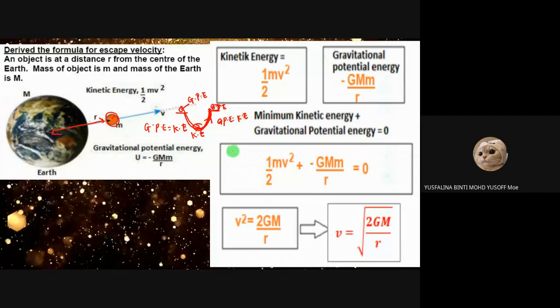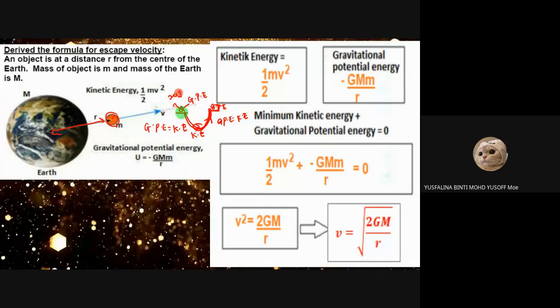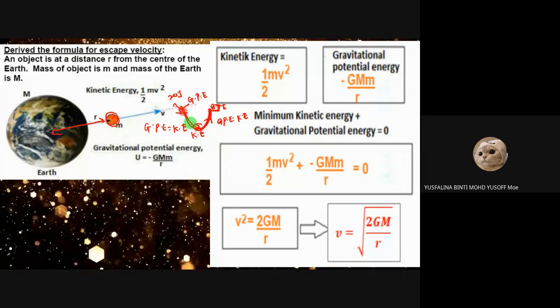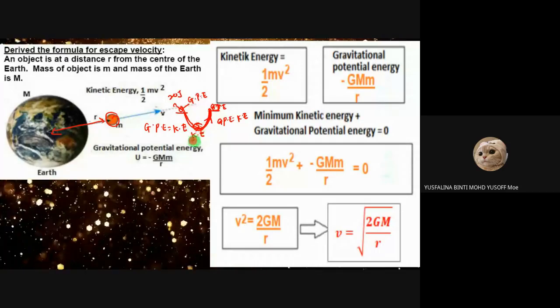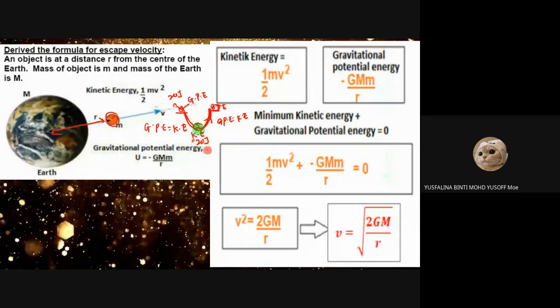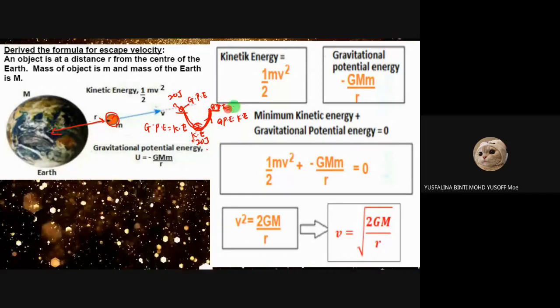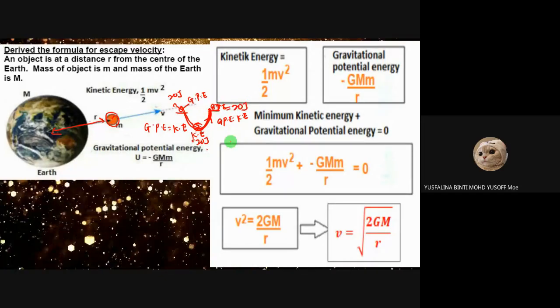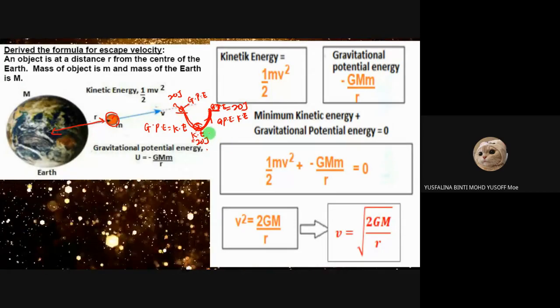Let's say the gravitational potential energy here is 20 joules. When it reaches this part, this is the maximum of the kinetic energy, so the kinetic energy here is also 20 joules. And when we move back, it will move up again, and the gravitational potential energy is 20 joules. So we know that the energy is conserved.